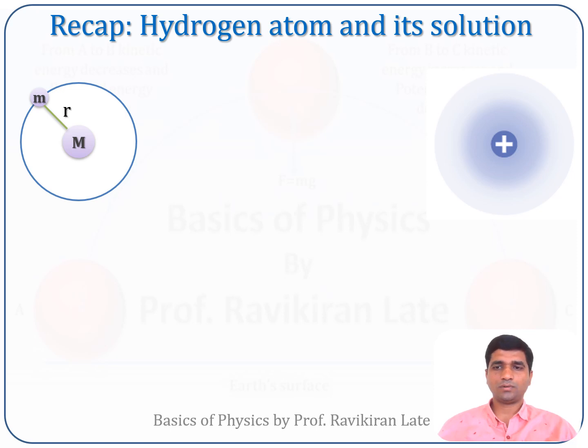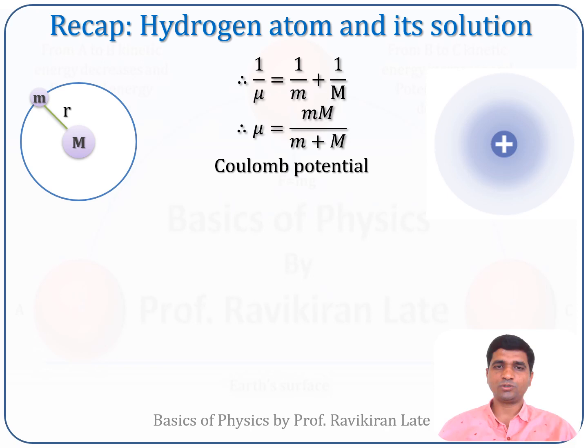So in order to apply the Schrodinger equation, we have considered the concept of reduced mass and we have implemented it in the form of mu is equal to mM upon m plus capital M, where small m is the mass of the electron, which is shown in this figure. Capital M is the mass of the nucleus, which is positively charged and located at the center of the atom.